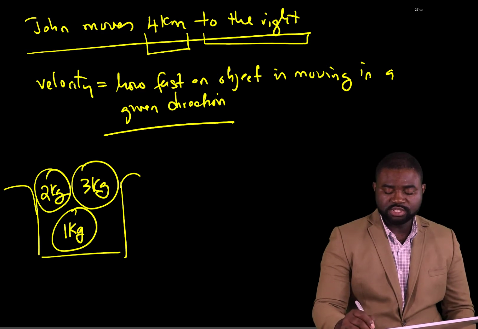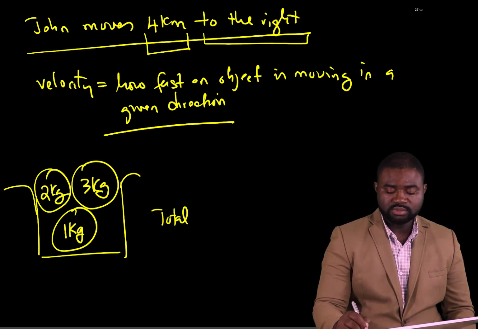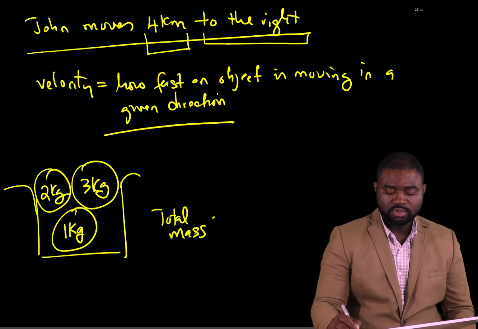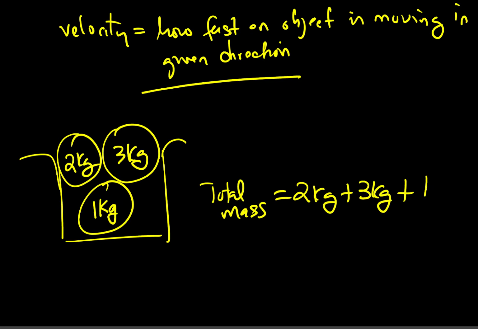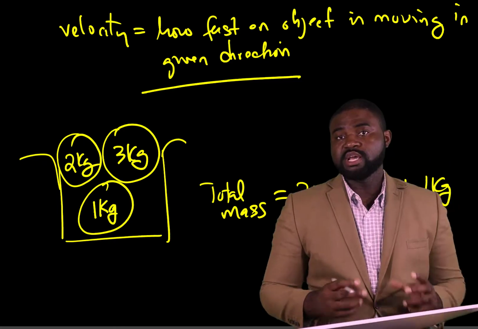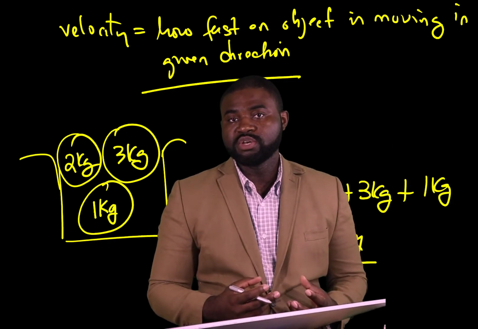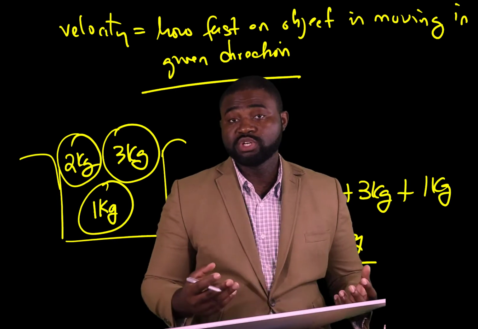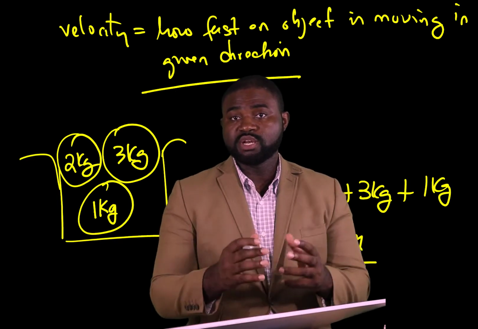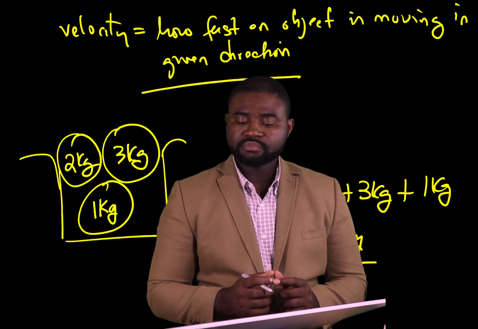Then you could simply say that the total mass is going to be equal to 2 kilograms plus 3 kilograms plus 1 kilogram, which will be 6 kilograms. You realize that for the addition of masses, we just add them like numbers. We don't care about the direction because it doesn't have a direction associated to it.